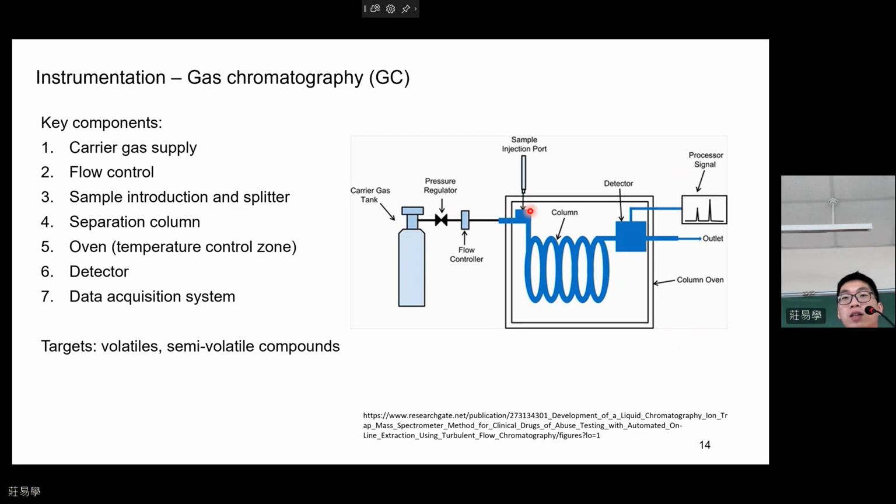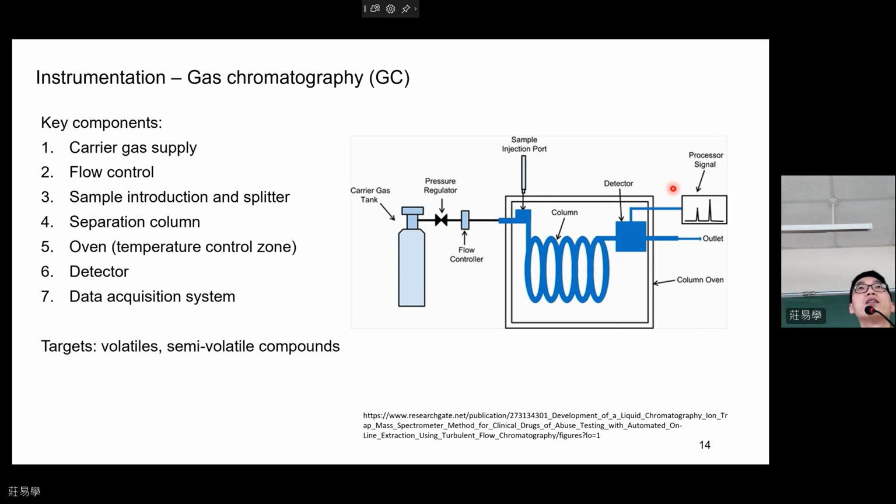In a gas chromatography, you have four key components. The first component is the oven, as denoted by the black box.